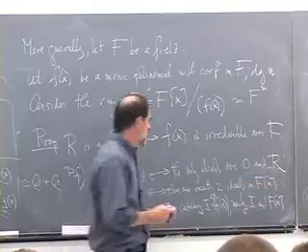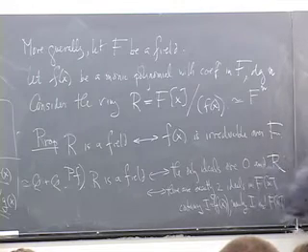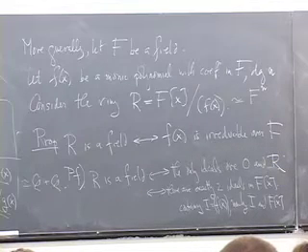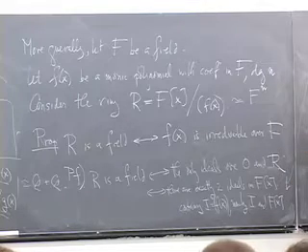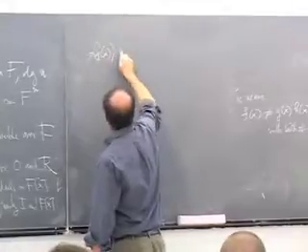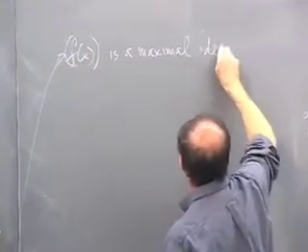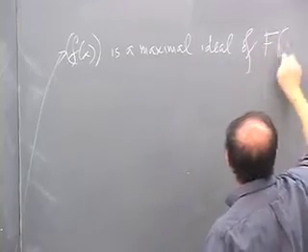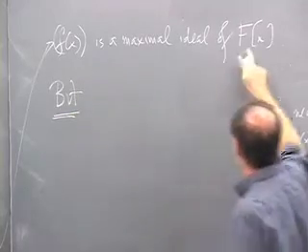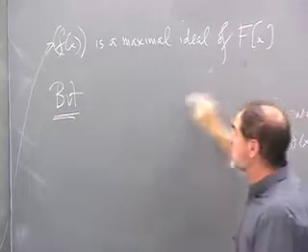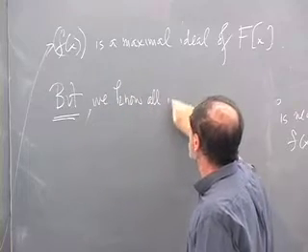All right, let's continue with that. But we know all the ideals of F[x]. So this is if and only if f of x is a maximal ideal of the polynomial ring. But, and this is the key but, in this ring, polynomials over a field, we know all ideals.